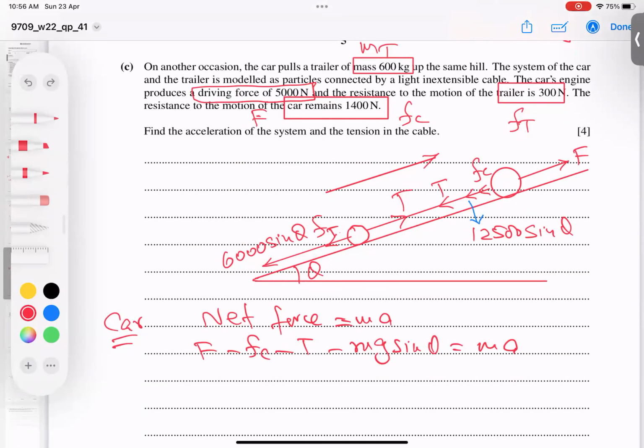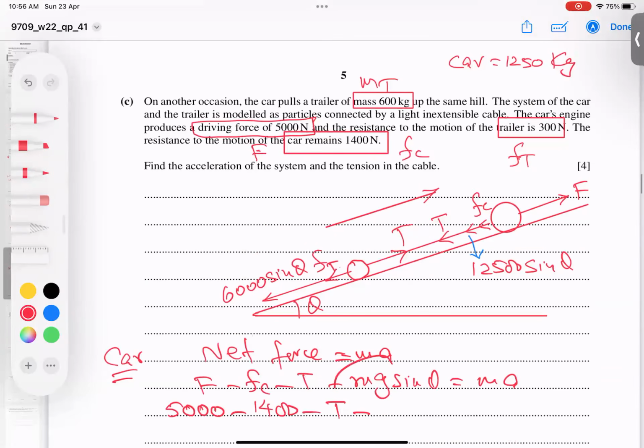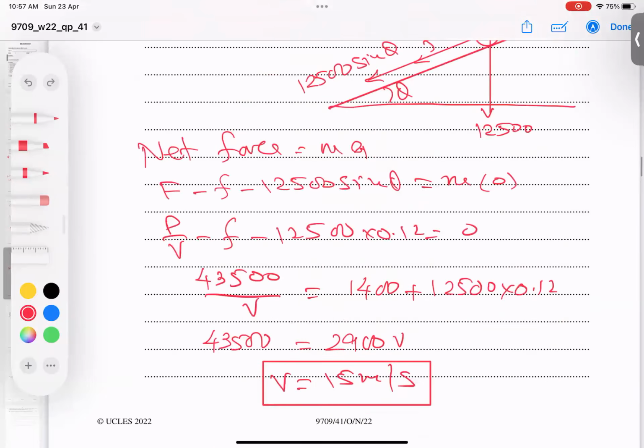And all of you know the driving force given by him is 5,000 newtons. So let's plug in all values. Friction on the car is 1400. Tension I don't know. Mass of the car is 1250. Just recheck.